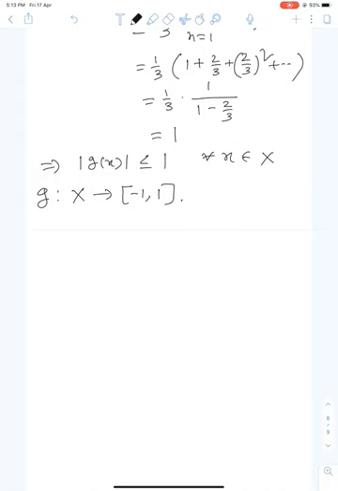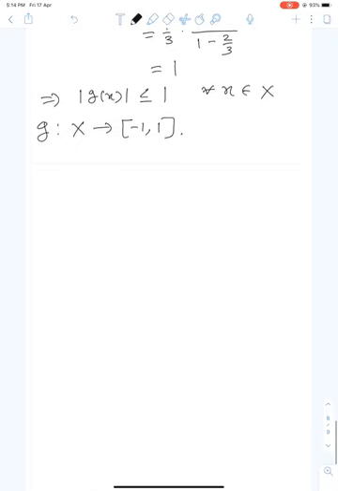Fine. Now we need to show that g is continuous. So first of all we need to show that g is continuous. Okay, so how to prove that g is continuous?